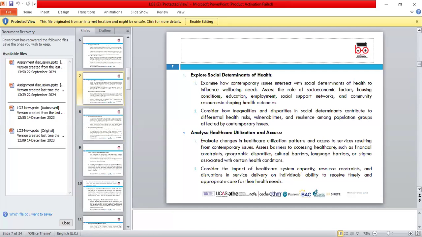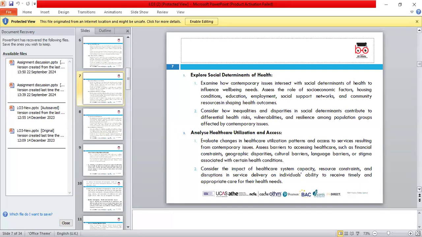You have to evaluate the changes in health utilization, patronage and access to service resulting from contemporary issues, access barriers to accessing healthcare, such as financial constraints, geographic disparities, cultural barriers, language barriers, or stigma associated with certain health conditions.